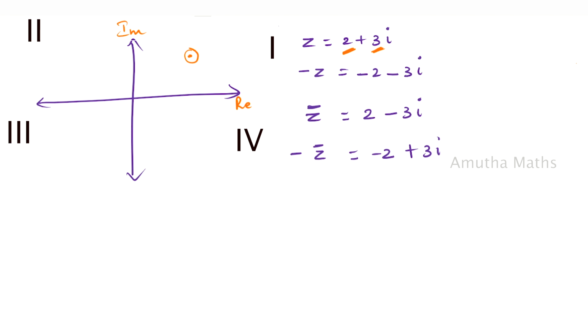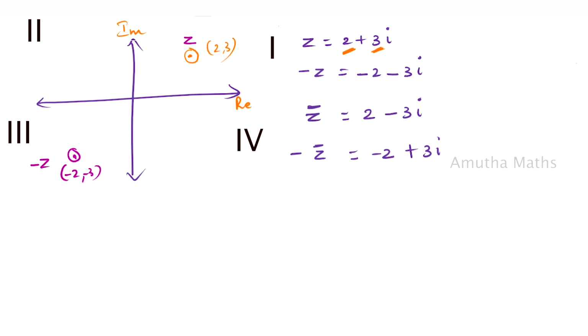So this is z. And minus z will be minus 2 comma minus 3, which is here. So this is minus z.